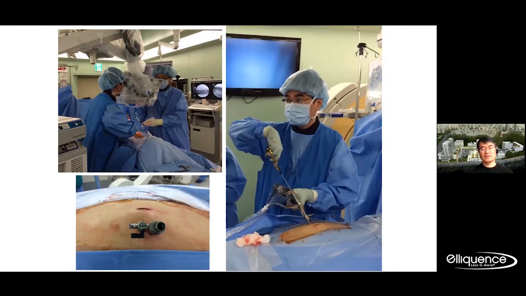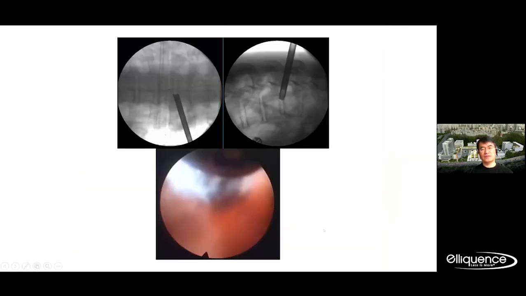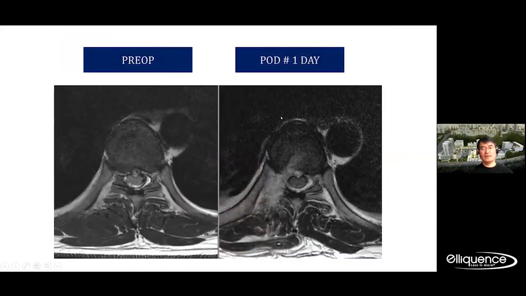After opening up the foramen enough by the microscope, I approach the endoscope like there. And you can compare the pre and post-op MRI done. This is the MED approach firstly, and this is the second approach of the endoscope.